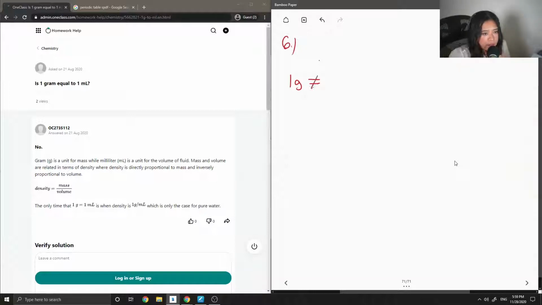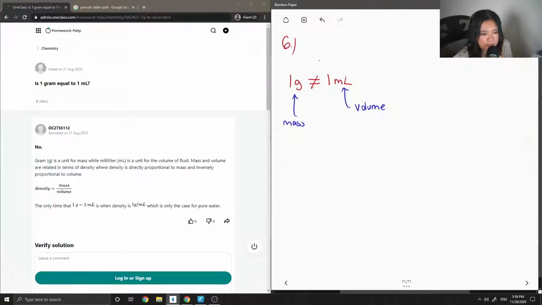So we can say that 1 gram is not equal to 1 mil, since 1 gram shows mass and 1 mil is volume. So it all basically depends on the density of your material.